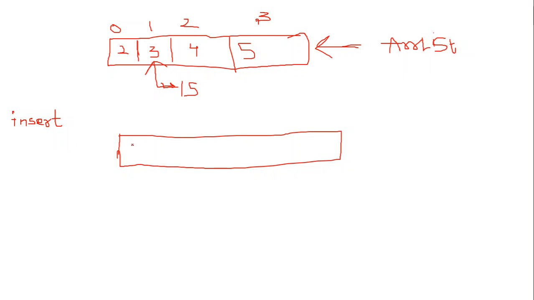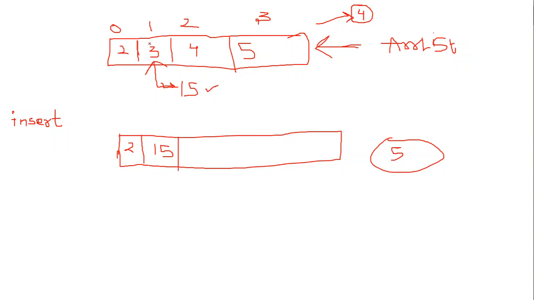Okay, so what will happen after that? See, this time size is 4 here. But as soon as we add one item in the array list, the size will increase by 1 as well. So here the size of our array list will become 5. 2 will already be here. After that we are inserting 15, 15 will come here.